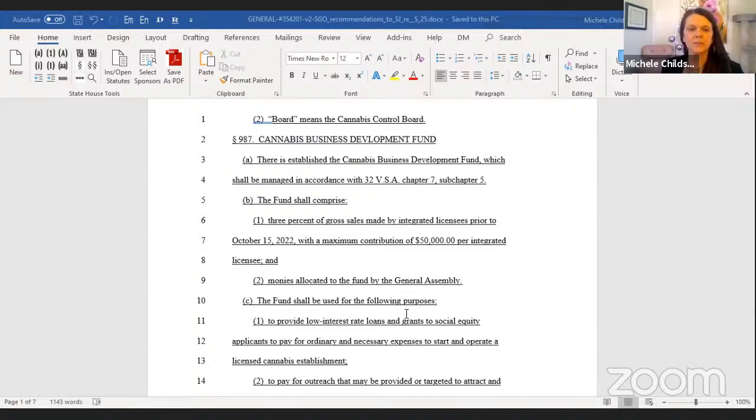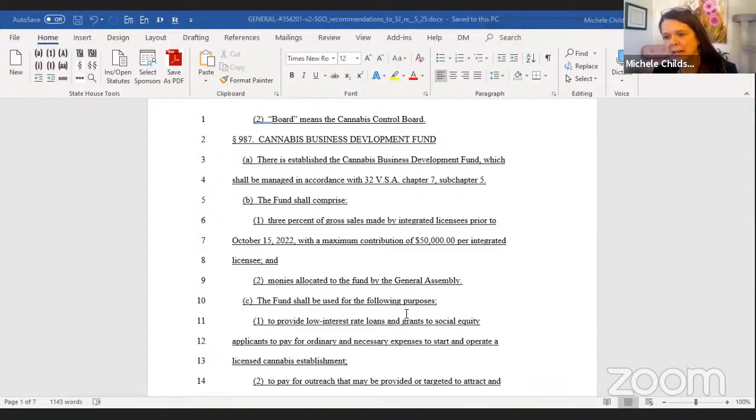And the fund, you'll see in subsection B, is comprised of 3% of the gross sales from integrated licensees prior to October 15th, because by October 15th, you should have retailers online. During that interim early period in which integrated has a little bit of a head start, 3% of their gross sales would be contributed to the Cannabis Business Development Fund, up to a maximum of $50,000 per licensee.